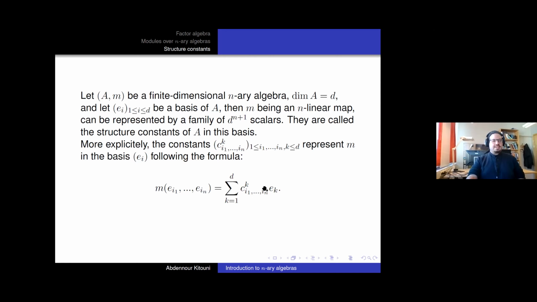These indices below represent which elements of the basis enter here, and this index k is simply which coordinate of this vector in this basis.